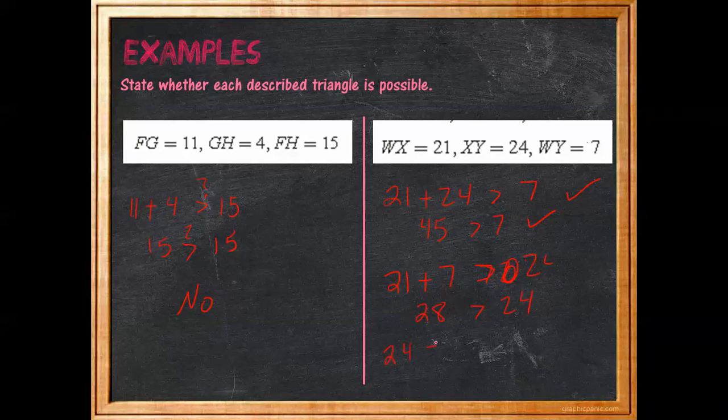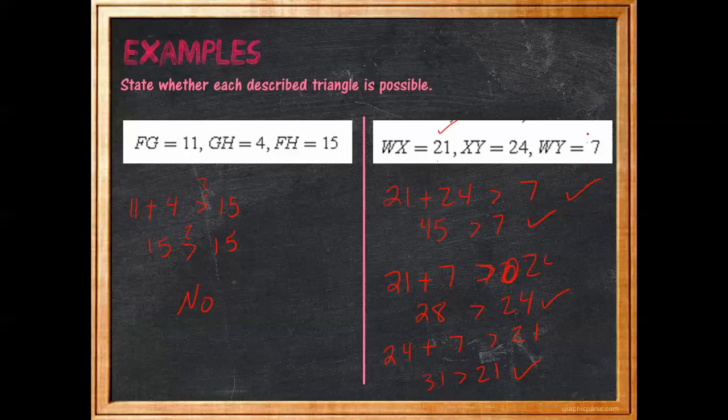And then 24 plus 7 needs to be greater than 21, and 31 is greater than 21. Now, a fast way to do this is you actually don't have to check all three sides. All you have to do is pick the two smallest side lengths.